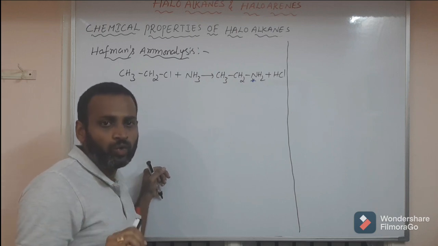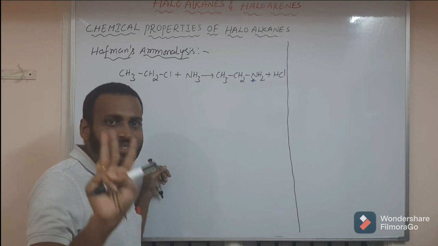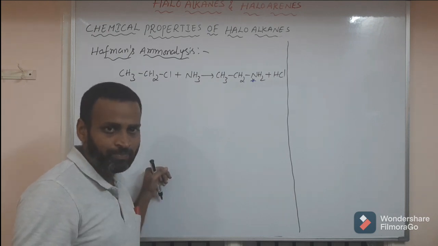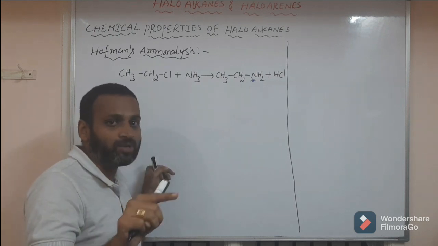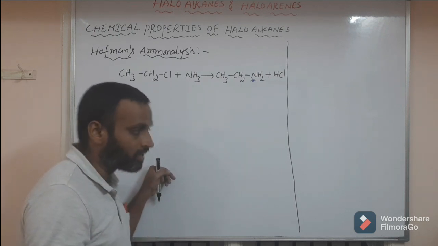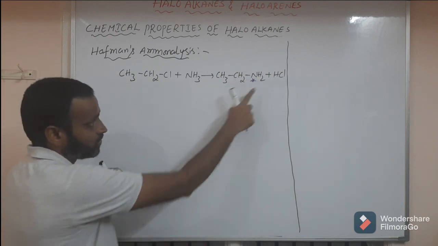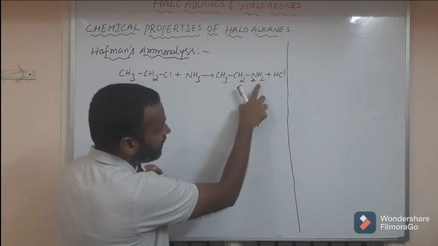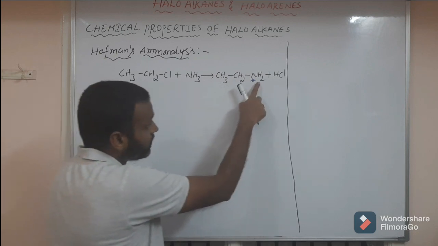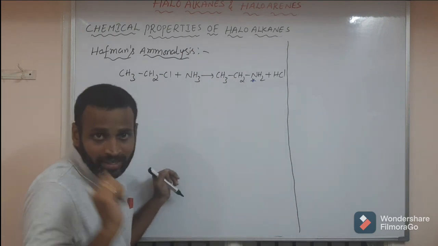Nitrogen is in the 5th A group, 8 minus 5, so nitrogen's general valence is 3. But by using its lone pair, nitrogen can have 4 bonds. Getting what I am saying? Here this nitrogen now has 3 bonds, so one ethyl group and 2 hydrogens. That means 2 more hydrogens can be replaced by ethyl groups, right or not?